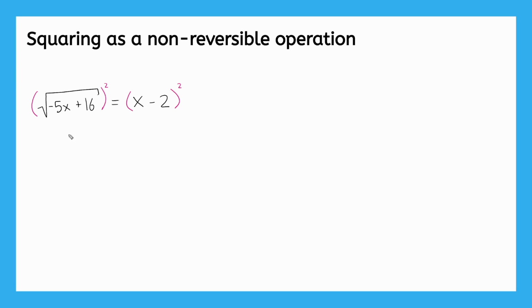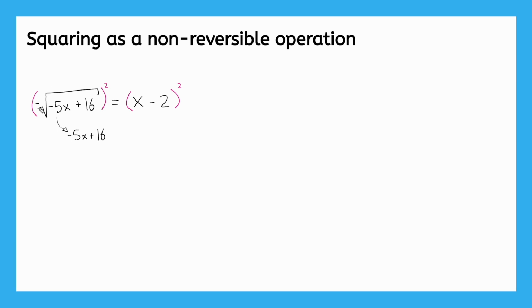And what you'll notice here, after we square, we get negative 5x plus 16. What you'll notice is we actually could have had a negative in front, and we would have ended with the same number. So if we squared negative square root of negative 5x plus 16, we also would end up with negative 5x plus 16, because a negative times a negative is a positive again.